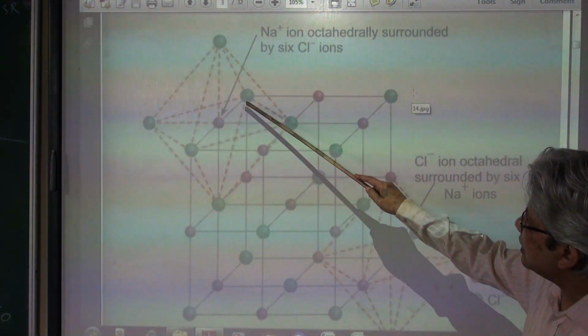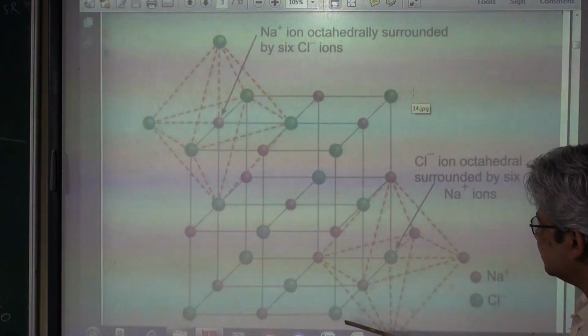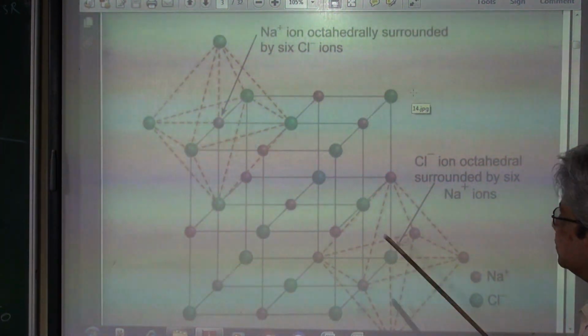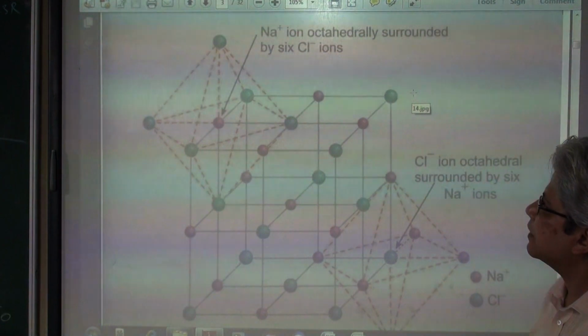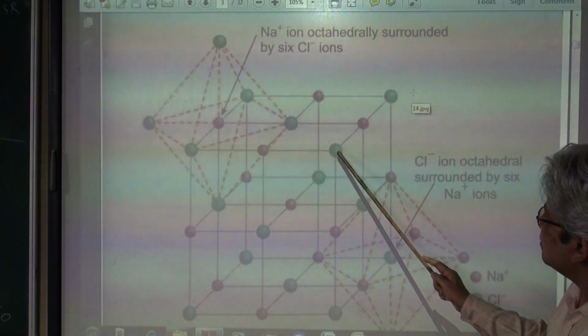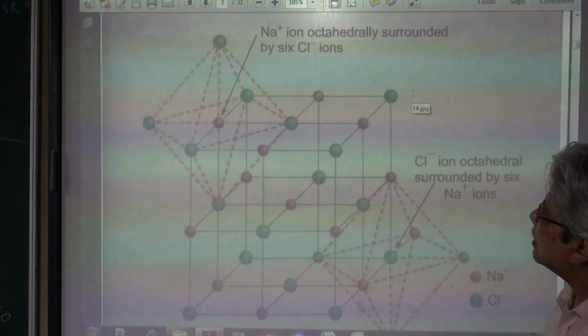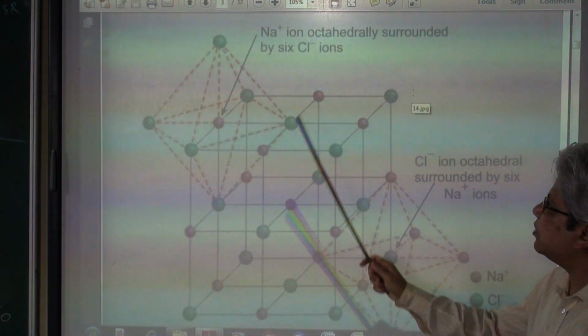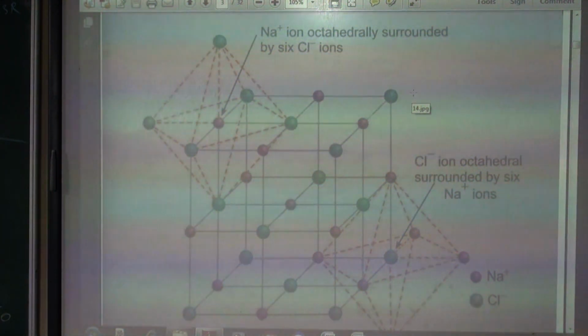Please look at the big cube. Ignore these two portions. You can see these green dots. They are representing chloride ions, and red dots, they are representing sodium ions.